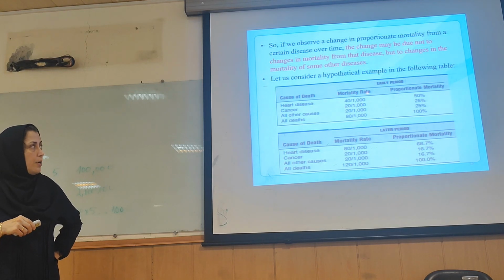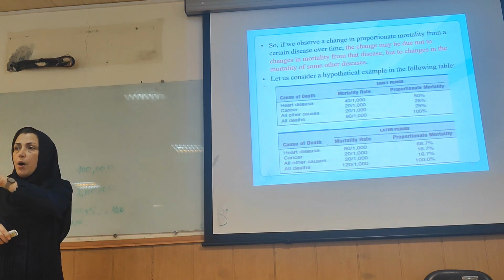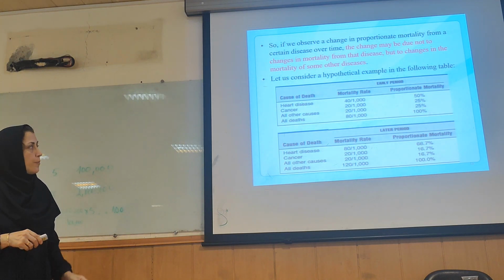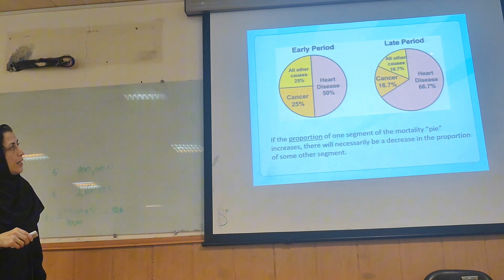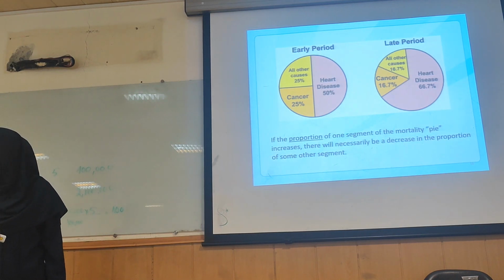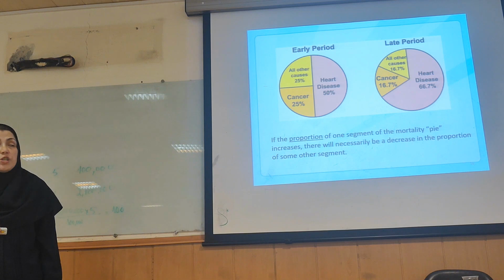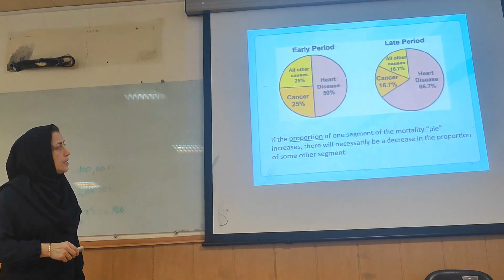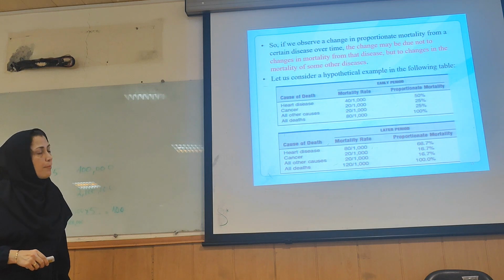Because all of them are different pies of a circle. So if you increase this pie, these two pies are decreased. So you cannot say anything about these two numbers.